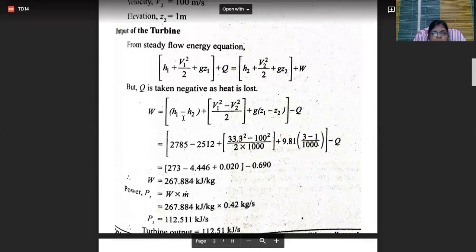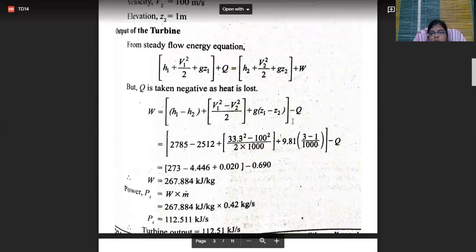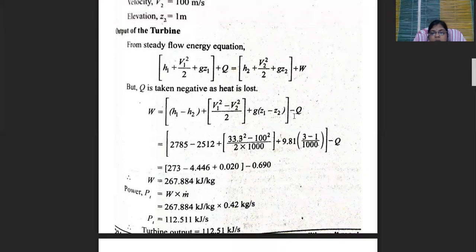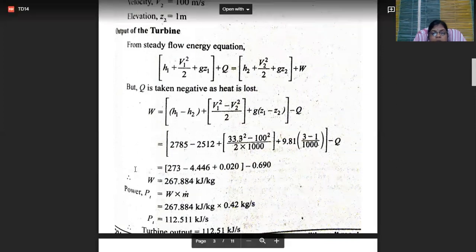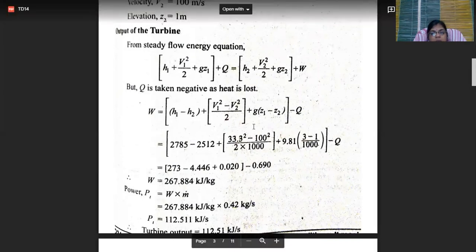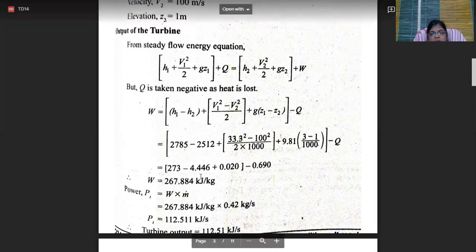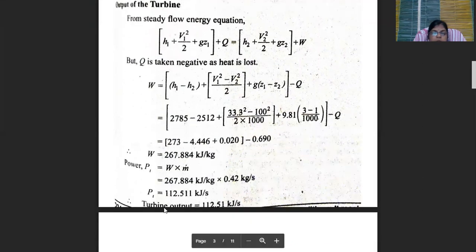So h1 minus h2, plus (v1 square minus v2 square) by 2, plus g into (z1 minus z2). Here q is taken as negative because of heat lost, so we consider minus q. Put all the values here to find the work done. Divide by 1000 for kinetic energy and for potential energy. So finally we got kilojoule per kg.